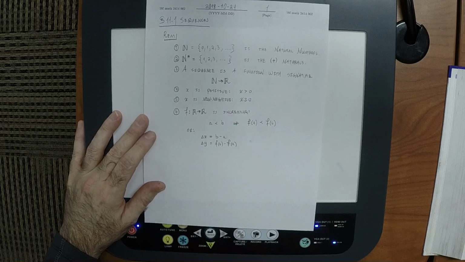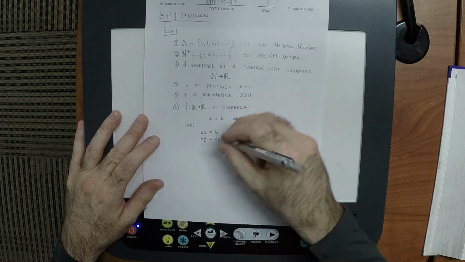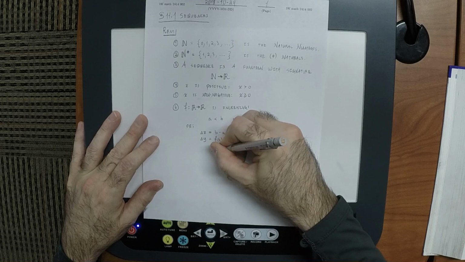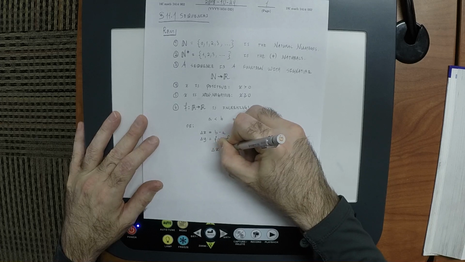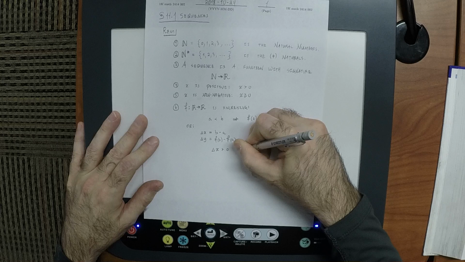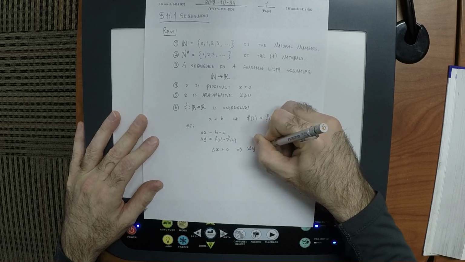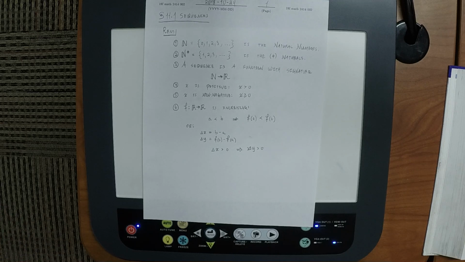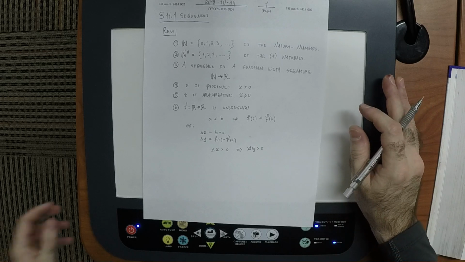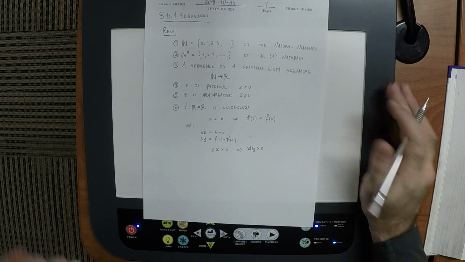So writing that, increasing says that a positive change in the input implies a positive change in the output. That's what increasing means. In the standard picture, the standard axes, every time you move right, you move up.